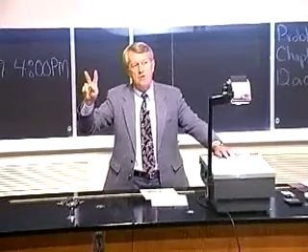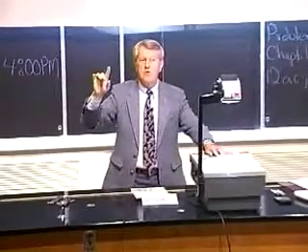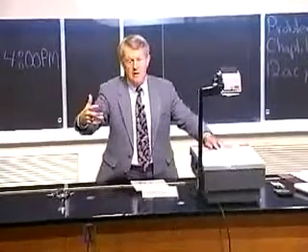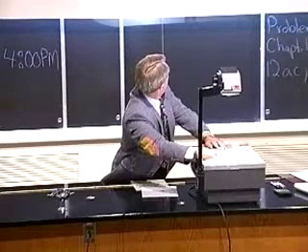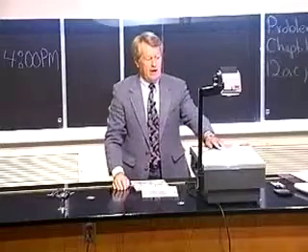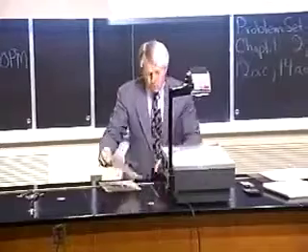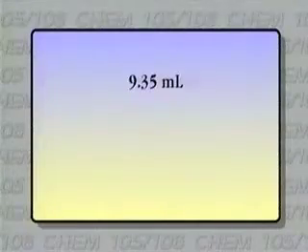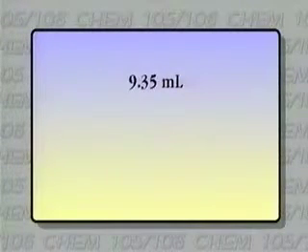Remember, significant figures are all of the numbers that we are certain of plus one uncertain number, in other words, one number that we approximate. And so we would guess that the line is about halfway between the two, between 9.3 and 9.4. Therefore we could justifiably write our volume down as 9.35 milliliters.